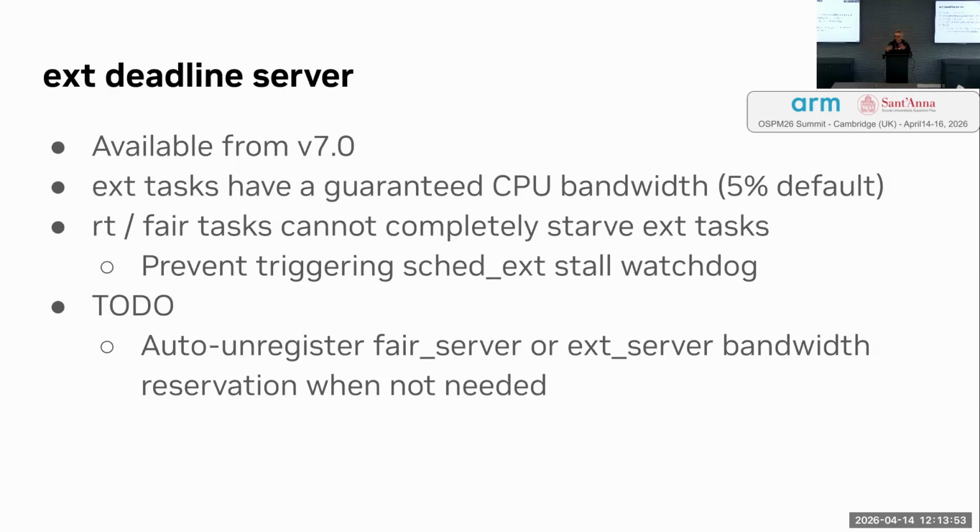So in theory, you don't have any FAIR task. But the thing is, we have something called partial mode. In partial mode, when you load a BPF scheduler, the core doesn't automatically migrate all the tasks from FAIR into EXT. Are you actually using that?